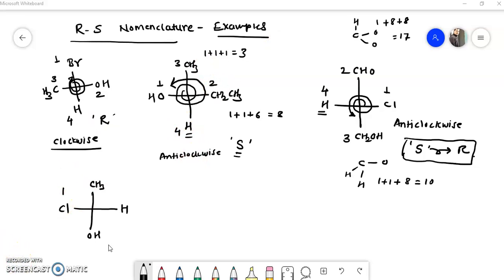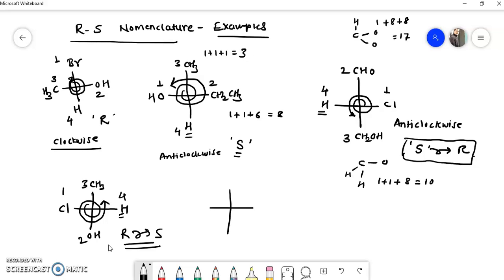So this oxygen gets second priority, this carbon gets third priority, and this hydrogen gets fourth priority. So we rotate like this: 1 to 2, 2 to 3, 3 to 4. This is clockwise, so it is R, but the lowest priority group is on the horizontal line, so it changes to S. So this is the correct RS nomenclature of this compound.